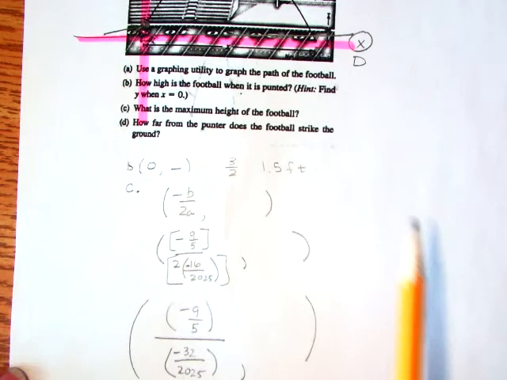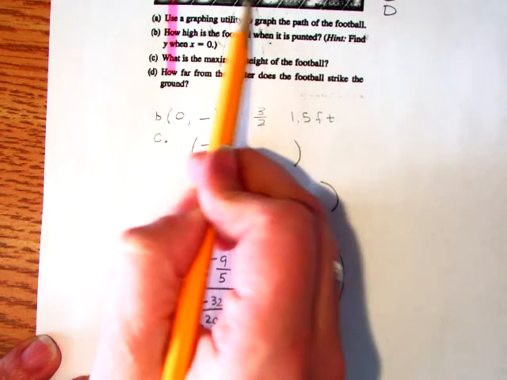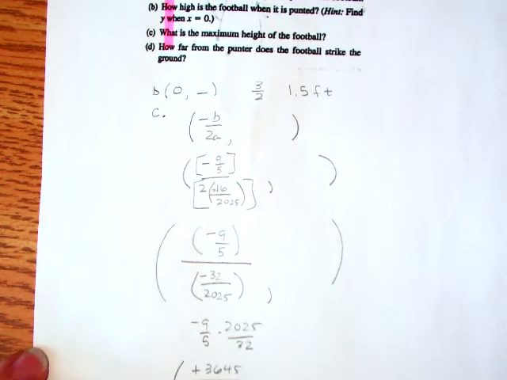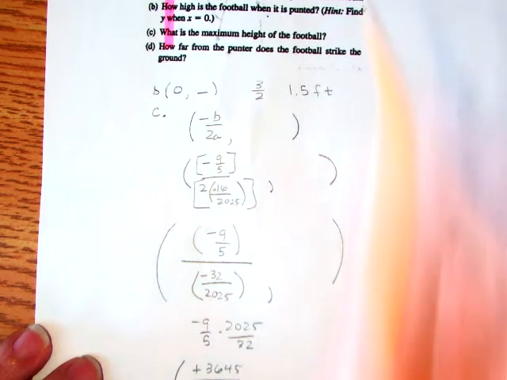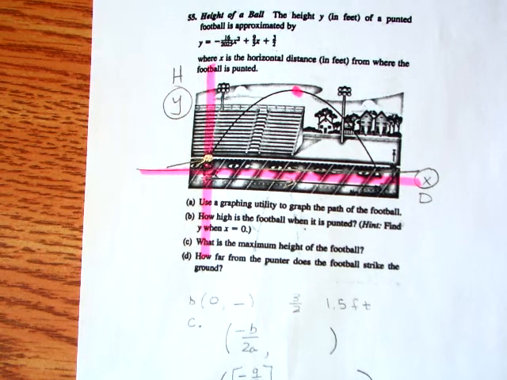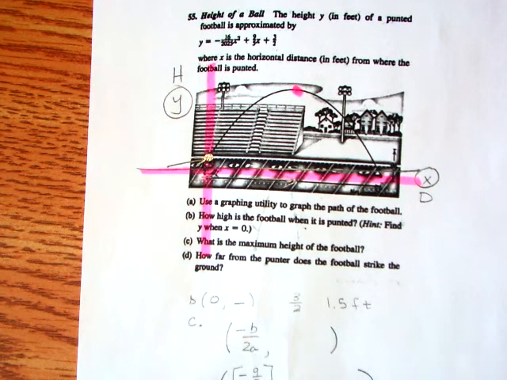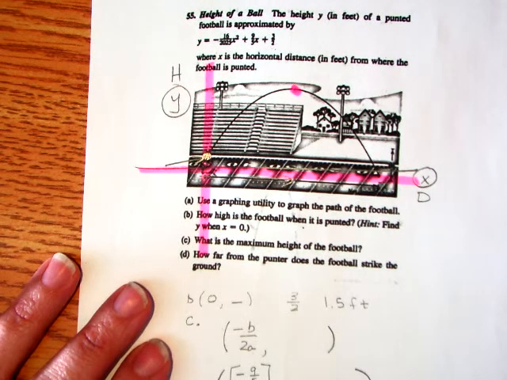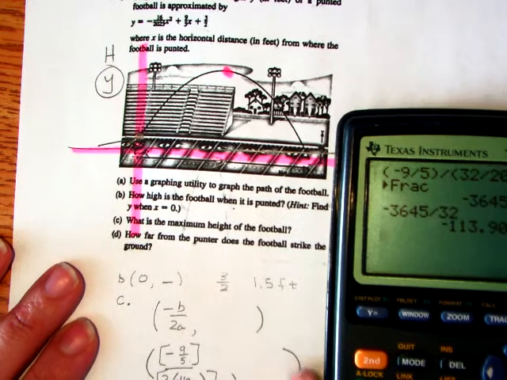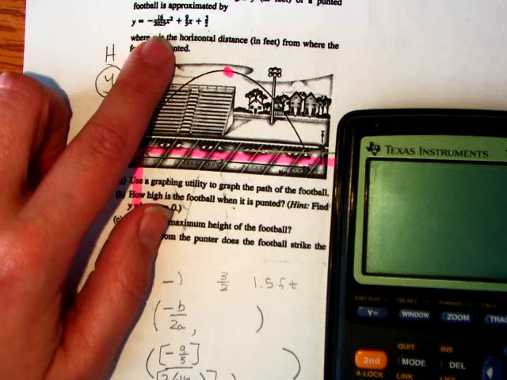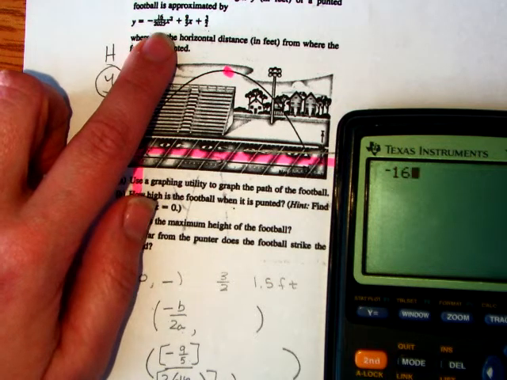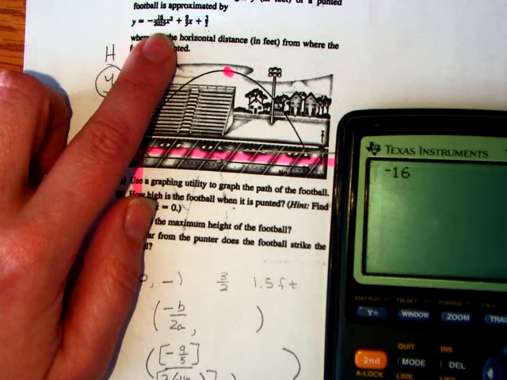The last question, this is going to be the distance along x. So they want to know the height, so we're going to take this and plug it back into the original problem up at the top. Okay, 113.91. So we can put in negative 16 back. Let's put some parentheses around that.